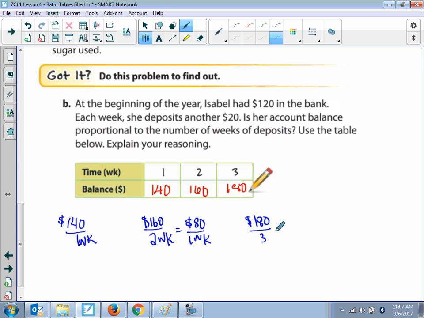So as a unit rate, that's going to be what? Very good. So that's $60 in 1 week. So now, when I look at each one of my rates, are they constant or are they not constant? They are not constant. So that means, is this proportional or non-proportional? This is non-proportional. Very good.